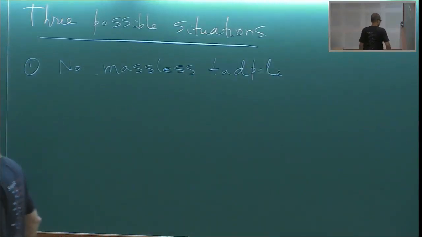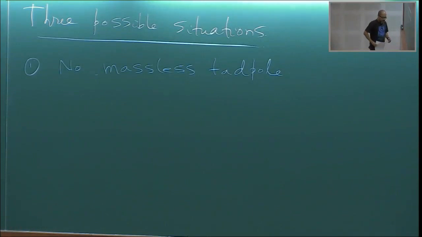Which basically means that the n equal to 0 term of this bracket is a non-trivial state, but has no component in the massless sector. That's what one means by absence of massless tadpole. A linear term exists, of course, for general string field components, but not allowing the component which is massless.